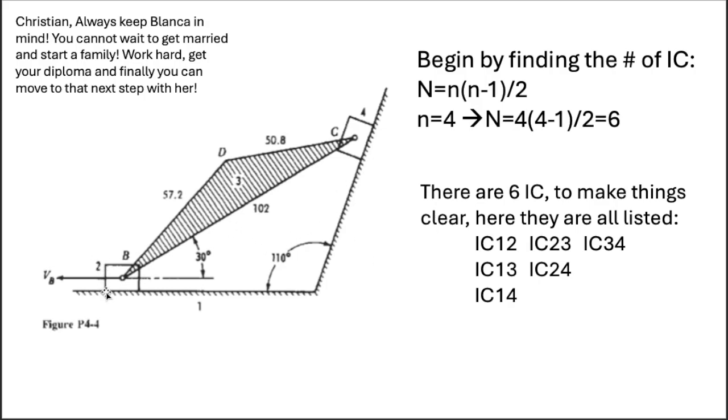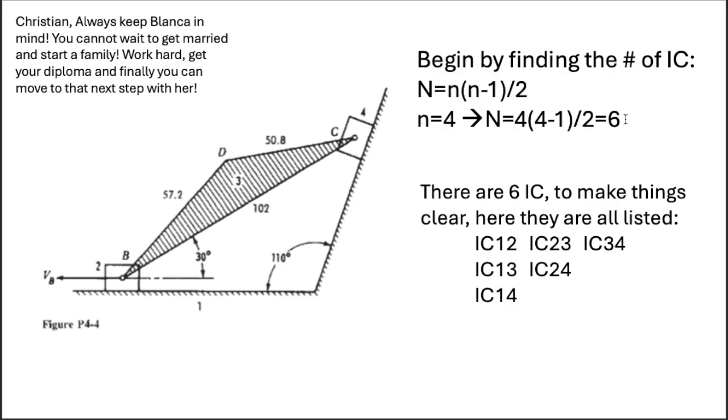Link 2 is this block B. Link 3 is block C. And link 4 is this triangle shape D. So now you have the number of components, 4. And so you just put them in. N is 4. So 4 times 4 minus 1.